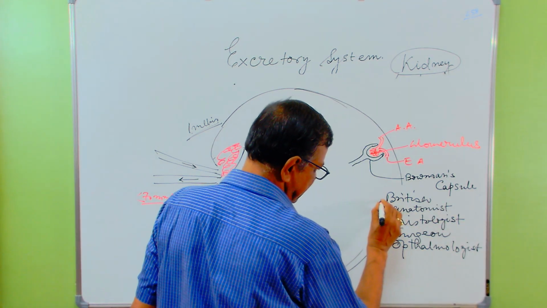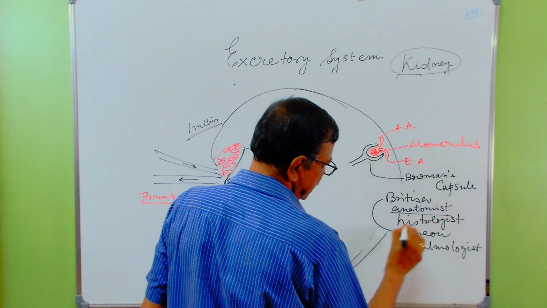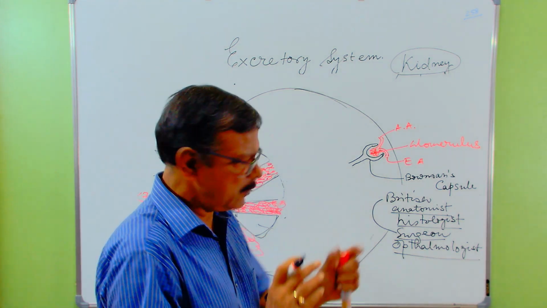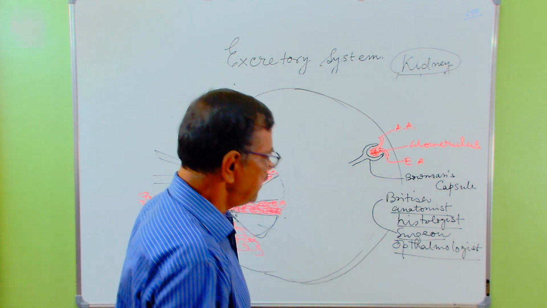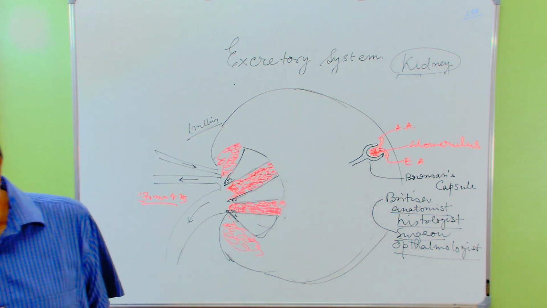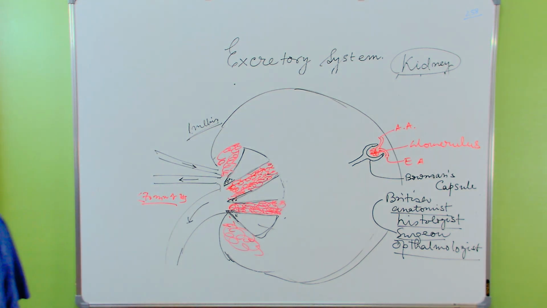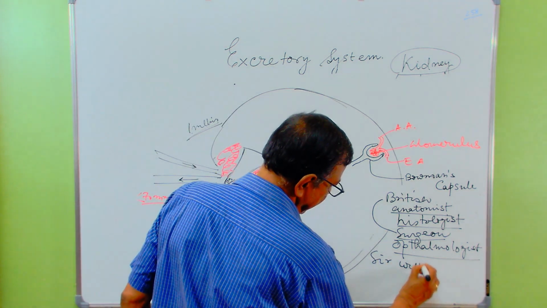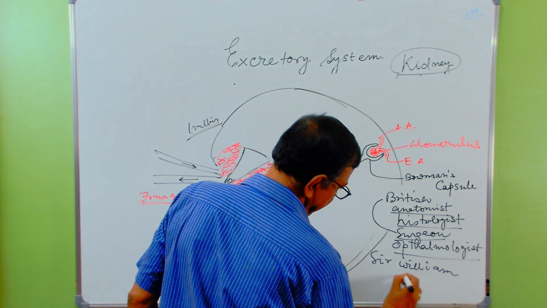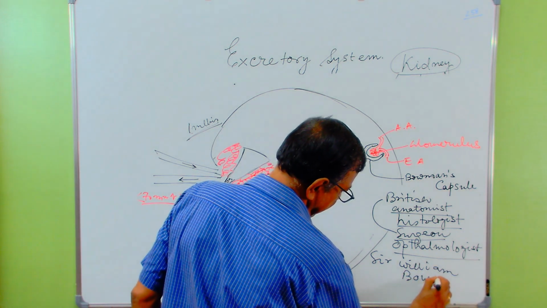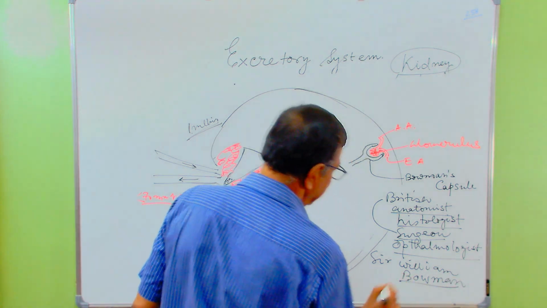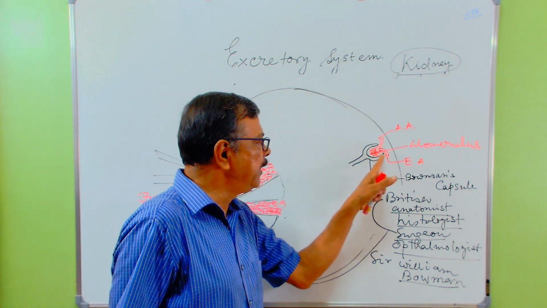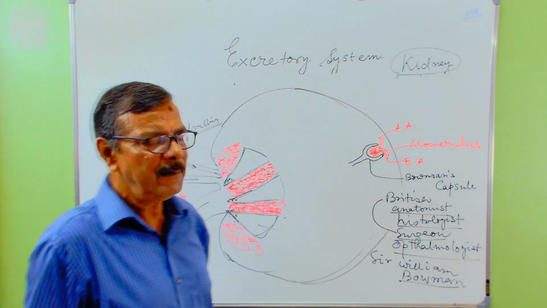So he was a British surgeon, anatomist, histologist and ophthalmologist who worked with the microscope. His name was Sir William Bowman. He discovered this. It consists of 2 layers. We'll come into the detail.